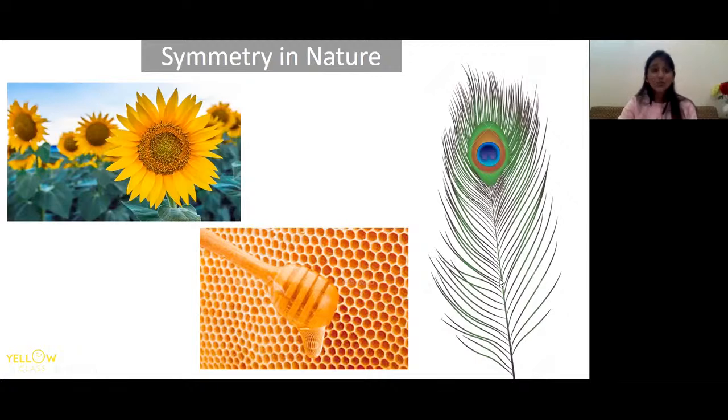Nature has given us so many beautiful things, and they are so beautiful because of the concepts that are there in nature. Okay, and they have been with us for so many years, and we were unaware of it, right? So the red line in this slide shows you the line of symmetry for the sunflower and for the peacock feather.